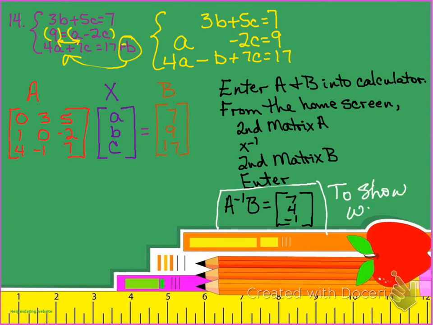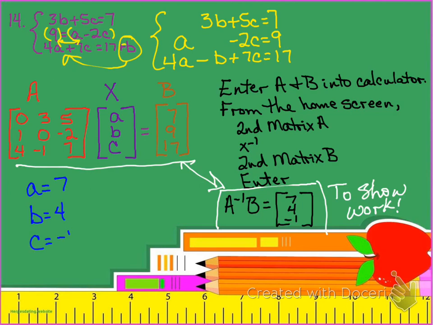I need to see this part here so that when you do this part here, I know what you're talking about. And then write out your answer. A equals 7, B equals 4, C equals -1.